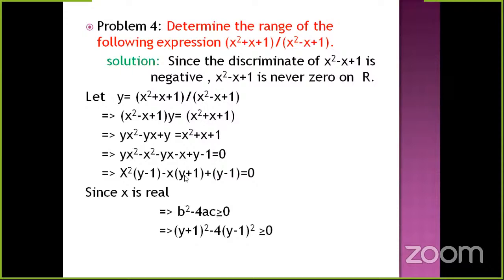So what is the value of b here? The coefficient of x, that is minus y plus 1. Substituting the values of b, a and c, I will get y plus 1 whole square minus 4 into y minus 1 whole square, which is greater than or equal to 0.